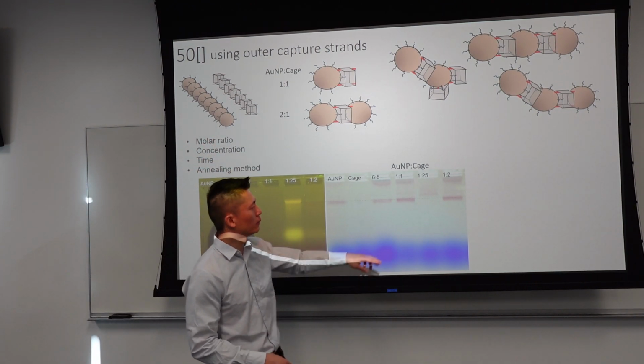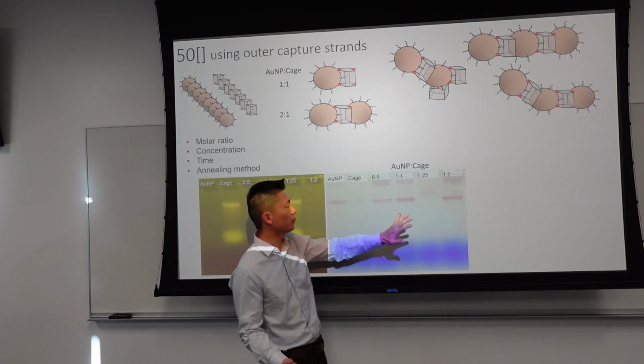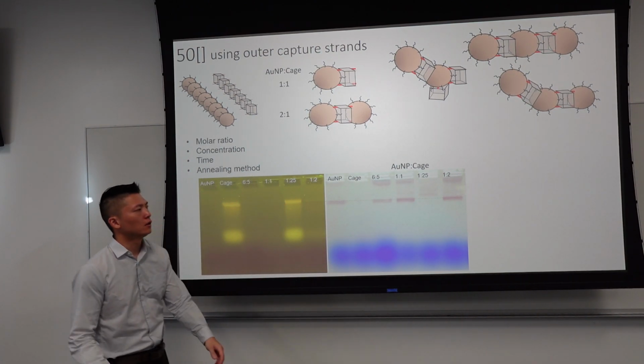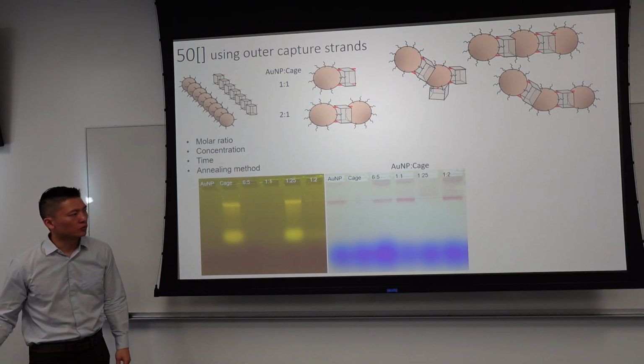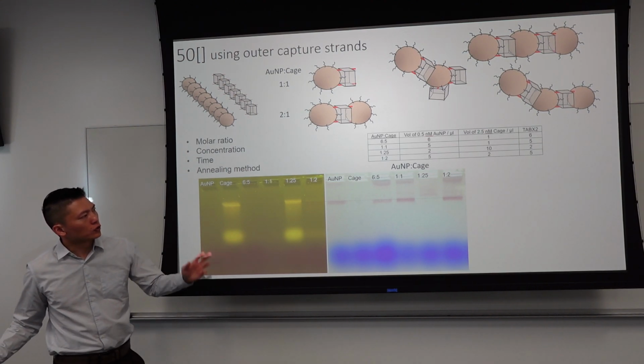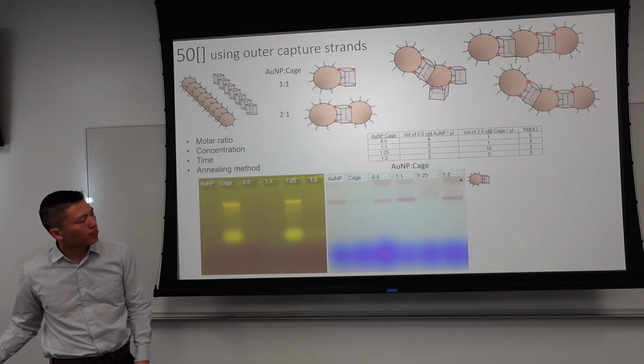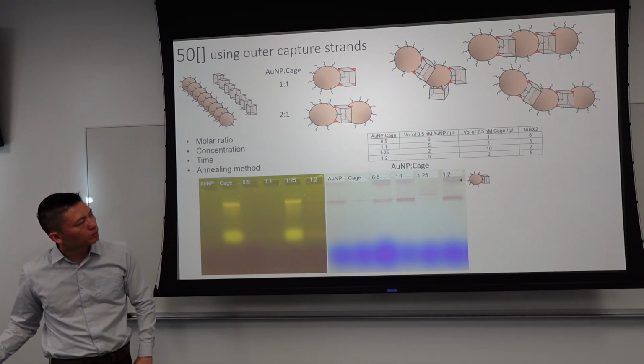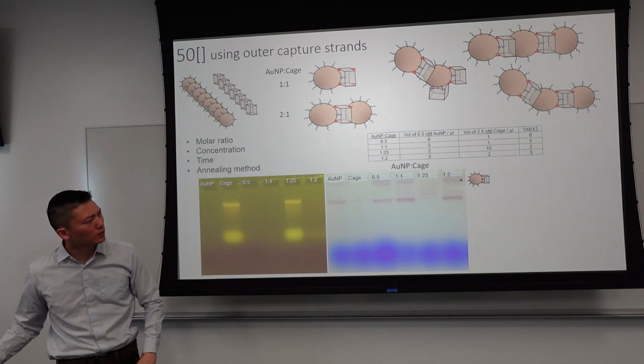And so I'm showing that it could be that the heavy band up here is the 1-to-1 product that I'm shooting for. I do show some numbers here. In the table above, it's just talking about concentrations and volumes I'm using.